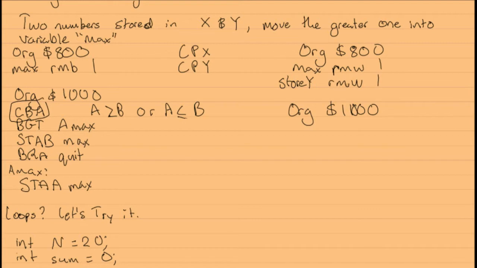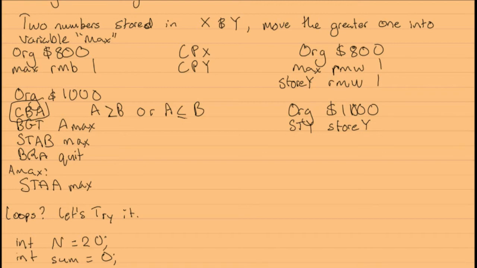I'm going to start off by taking my number inside Y and putting it inside my store Y variable right here. So I've just stored whatever is in Y into this memory location, and now we have a way to compare X to Y.